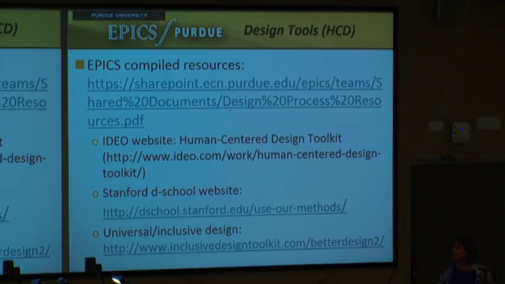So they're great tools to do that. There's also a really good website on inclusive design. And I'll show a little bit more about these later. But if you're in the midst of design and are looking for tools to assist, I wanted you to have these resources here.